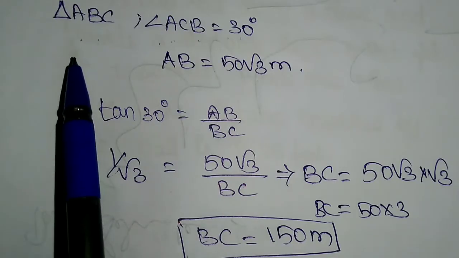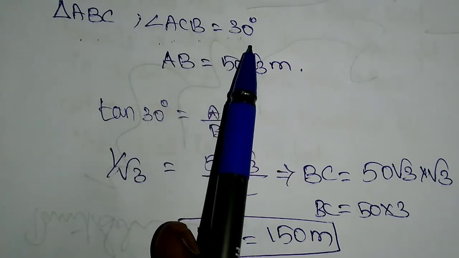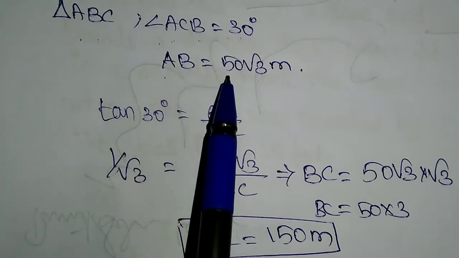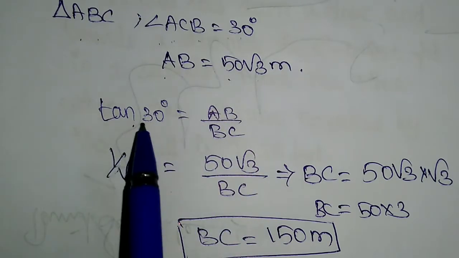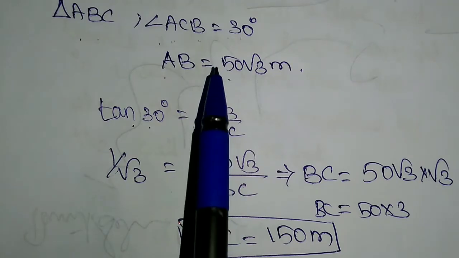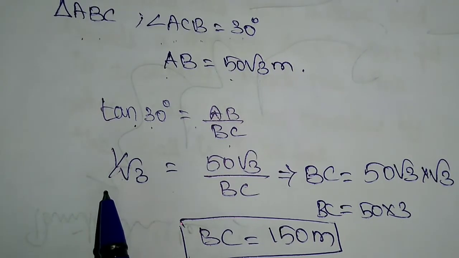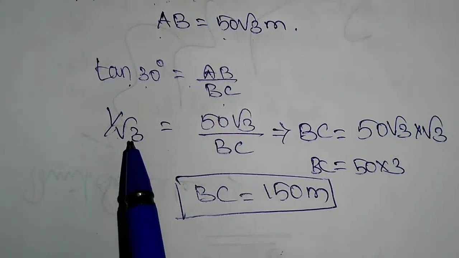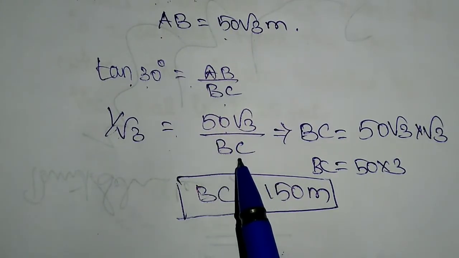From the triangle ABC we get angle ACB is equal to 30 degree, AB is equal to 50 into root 3 meter. Here we get tan 30 degree is equal to AB divided by BC. Here tan 30 is 1 by root 3. So 1 by root 3 is equal to 50 into root 3 divided by BC.